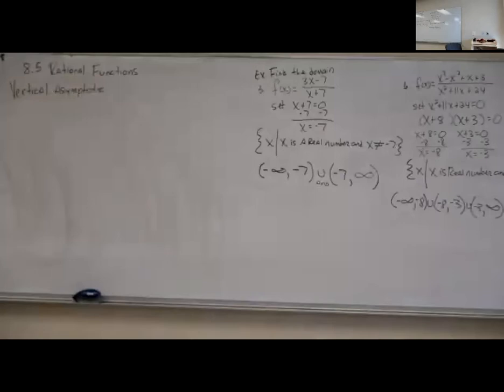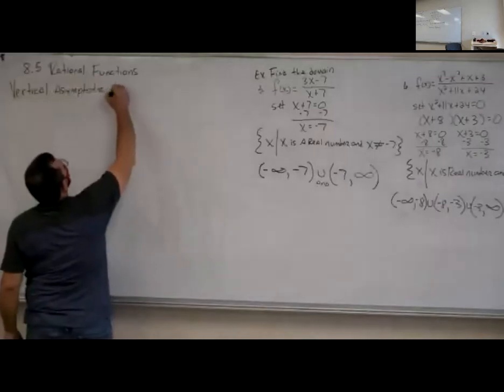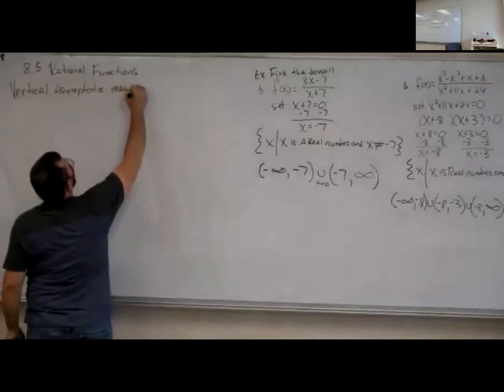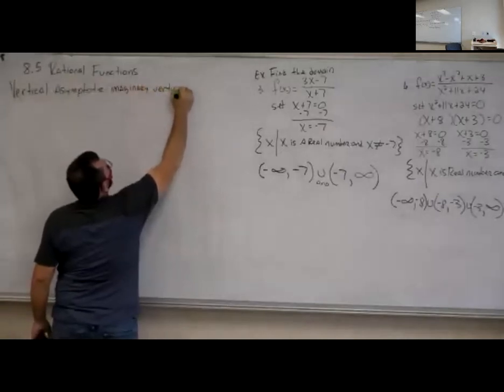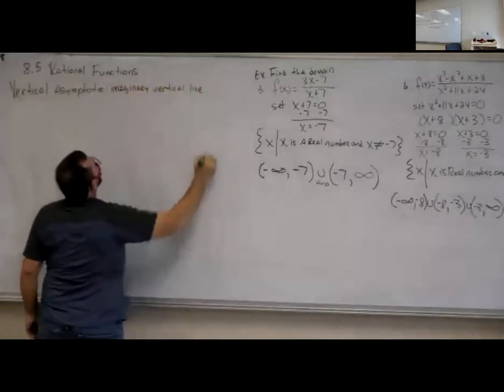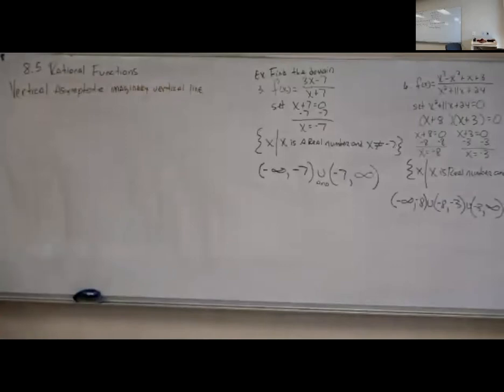So a vertical asymptote is basically an imaginary vertical line that occurs where a function is undefined.